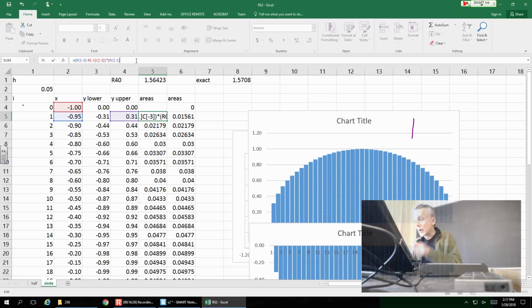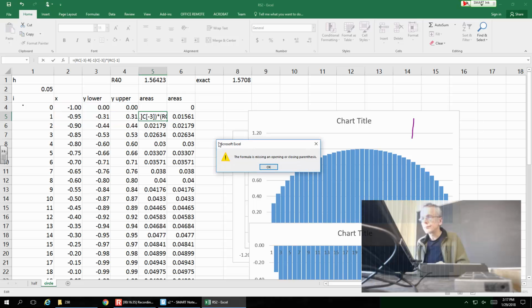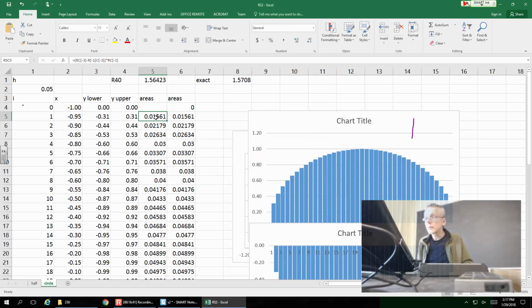So that way we can continue on. What happened here? Parenthesis minus this one.